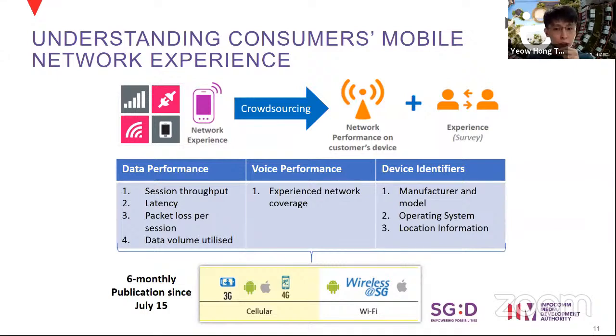Then IMDA publishes this report on a 6-monthly basis, which we have been doing since 2015. This entire program started as a trial and proof of concept in 2014, where we rolled out trials to trial users to prove that crowdsourcing can be an accurate way of getting ground sense.